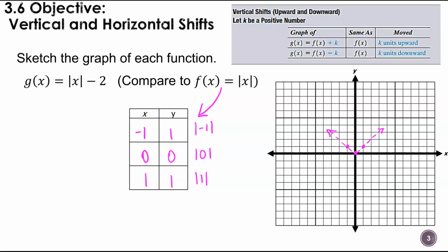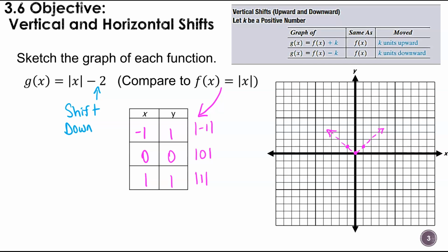Okay. Now for the second graph, notice the dotted graph is to help us graph what we're supposed to be graphing. And this is where the transformation comes in. We're going to shift down, right? This means shift down 2, or downward.